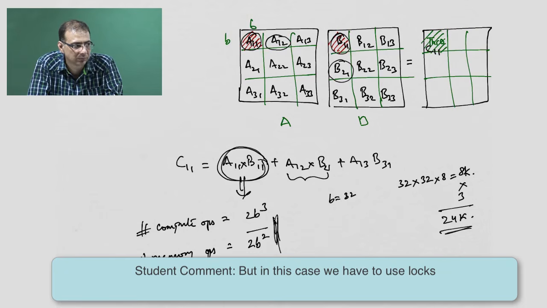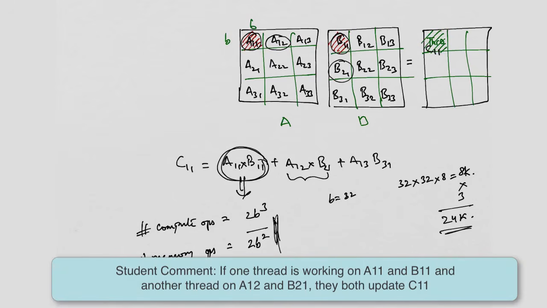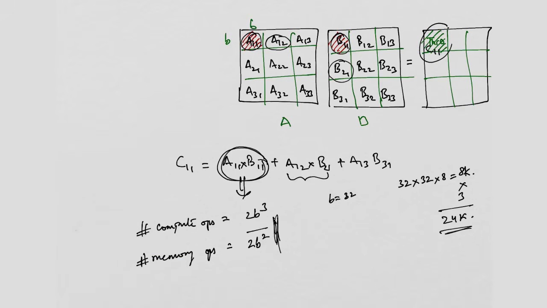But in this approach, we have to use locks. Why do you have to use locks? Because when I'm giving A11 and B11 to one thread, A12 and B21 is given to another thread. No, what I gave to thread 0 was C11.